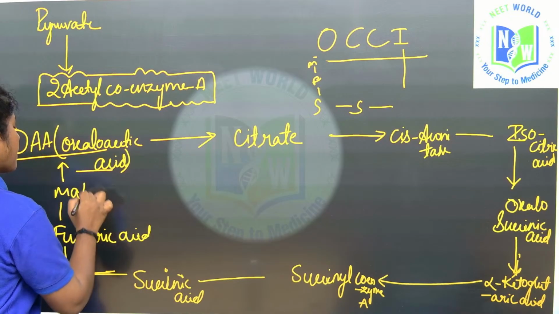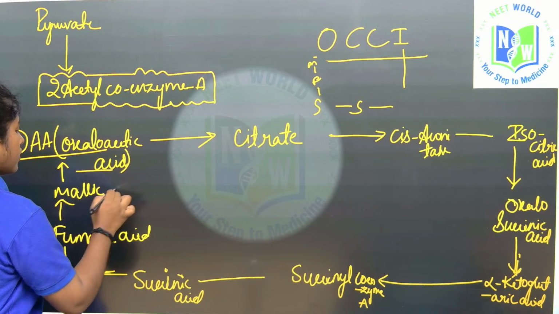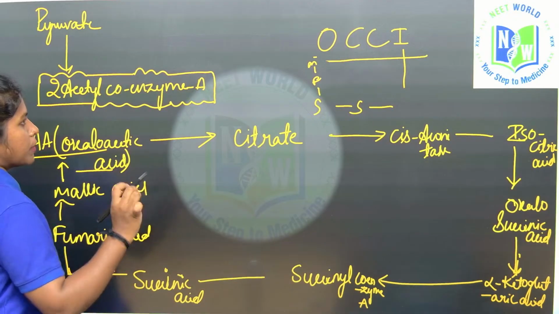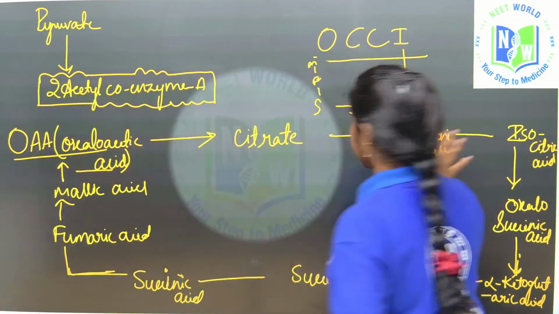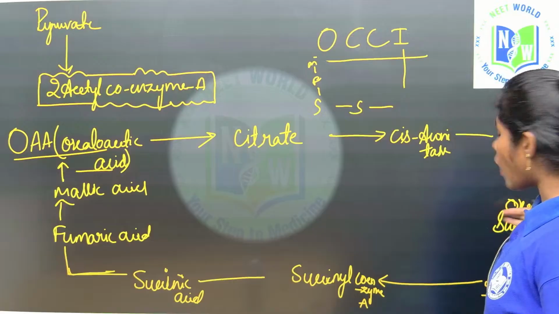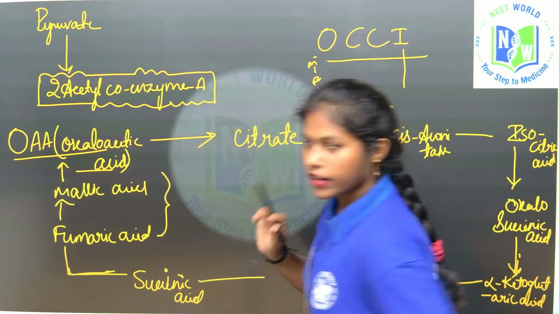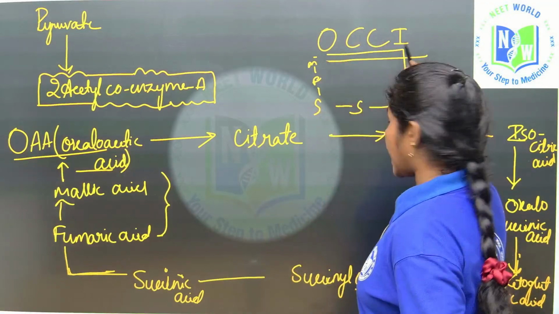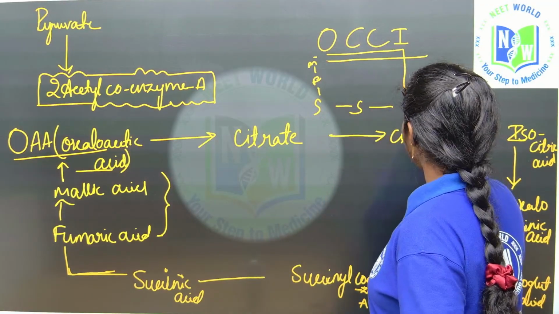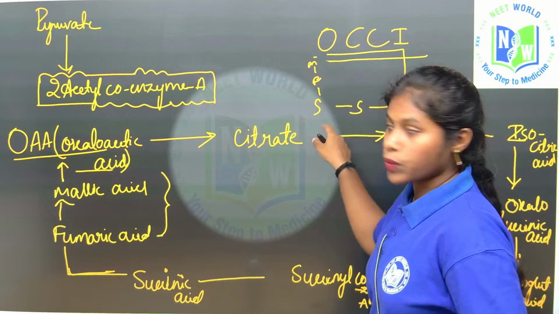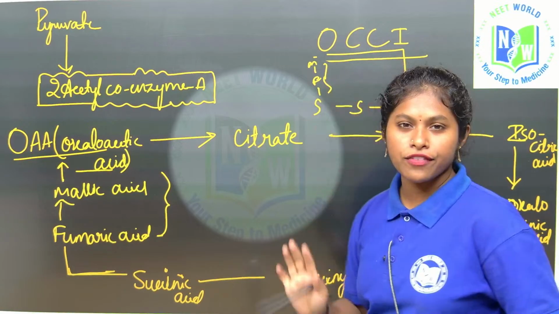Then it forms malic acid. So remember, this OCCI along with O alpha and S square, they went to listen to the FM radio. Remember like that.